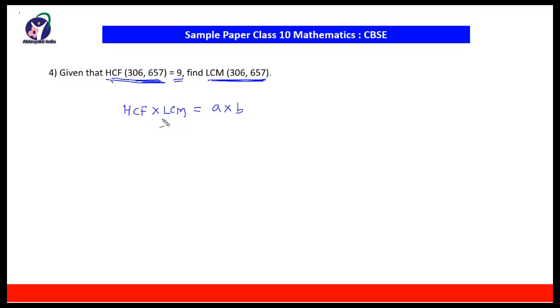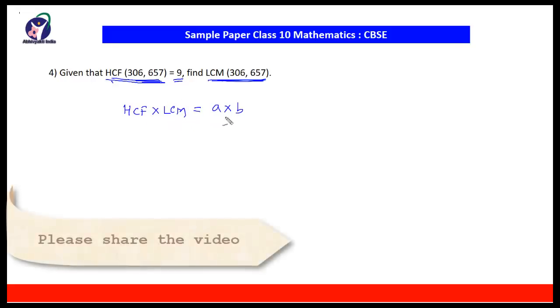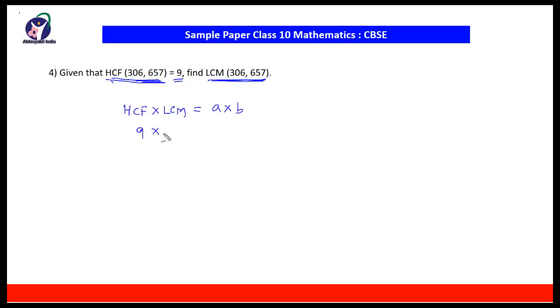Then HCF of A and B multiplied by LCM of A and B will be equal to A multiplied by B. So HCF of this is given as 9, multiplied by LCM, which is equal to A times B, that is 306 multiplied by 657.